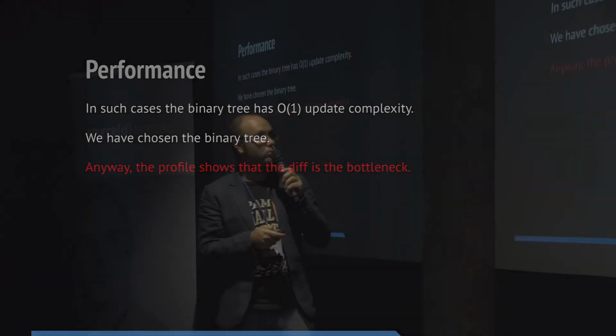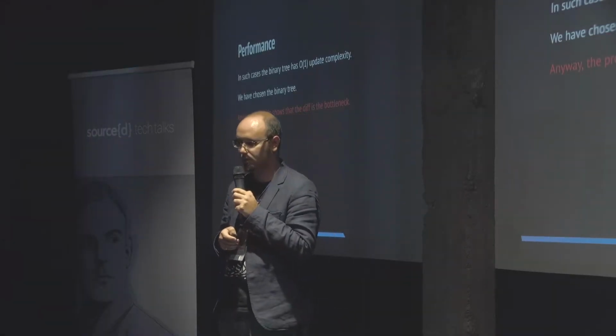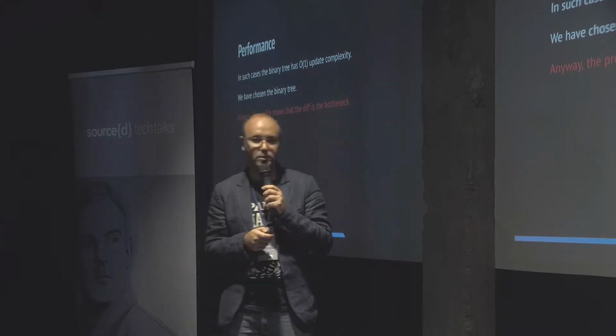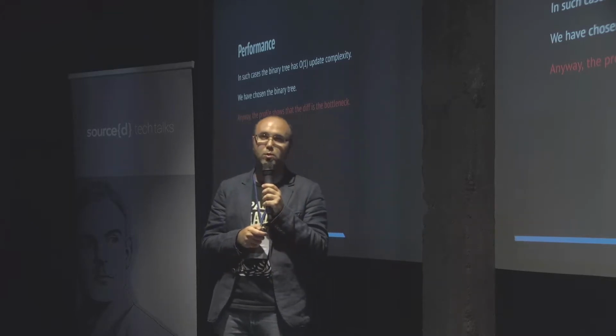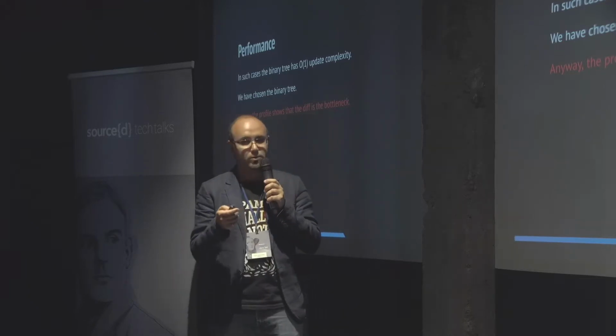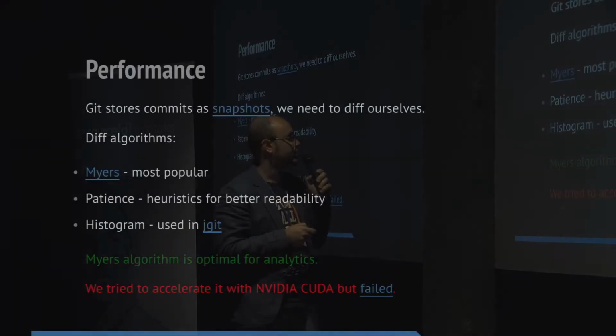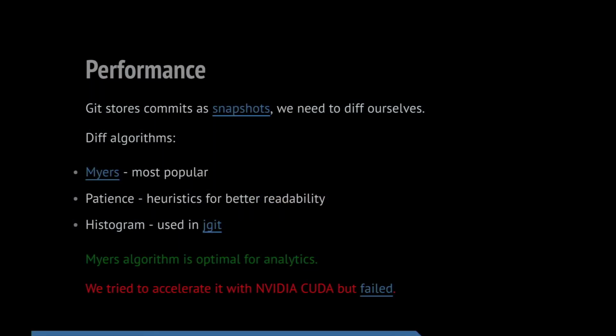Anyway, I think it's more a matter of taste, and we decided to choose the binary tree approach. It's a bit more complex to code, but let's see how it behaves. Actually, it's not a bottleneck, so it doesn't matter after all. The real bottleneck is that we need to diff ourselves.